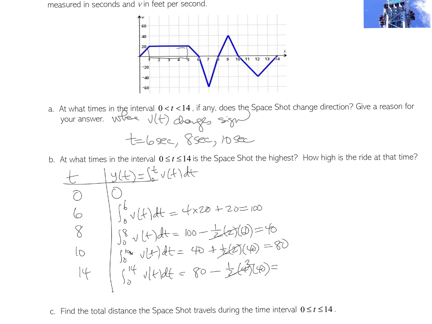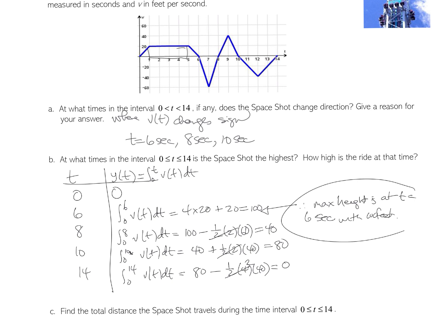Oh, so it's 80 subtract 80, which gives me 0. So that means the 100 is my highest, so I would say therefore the max height is at t equals 6 seconds with 100 feet.